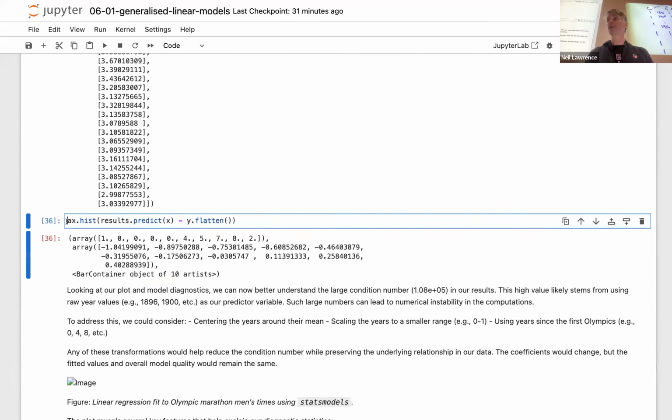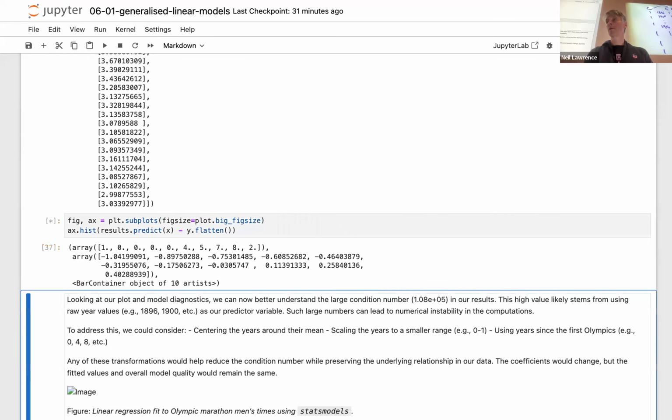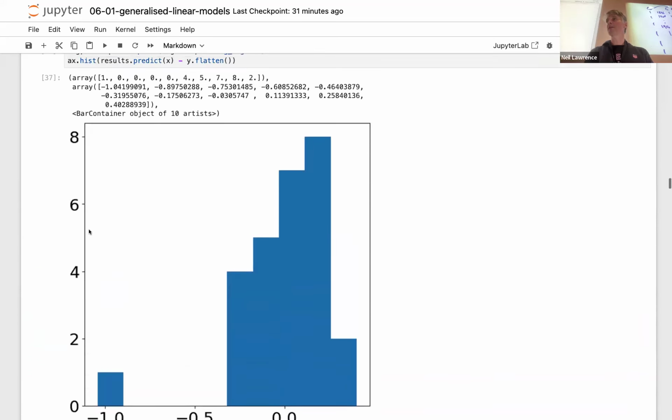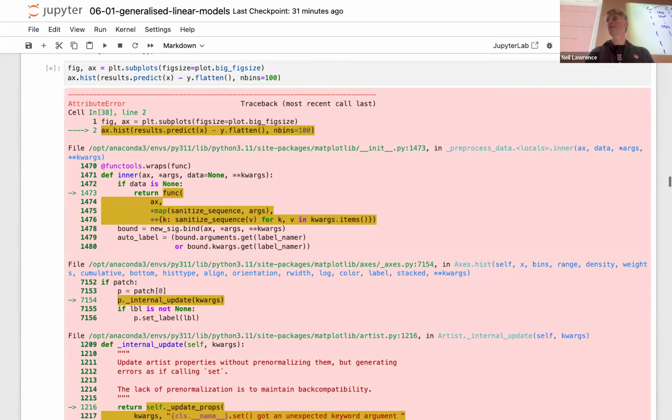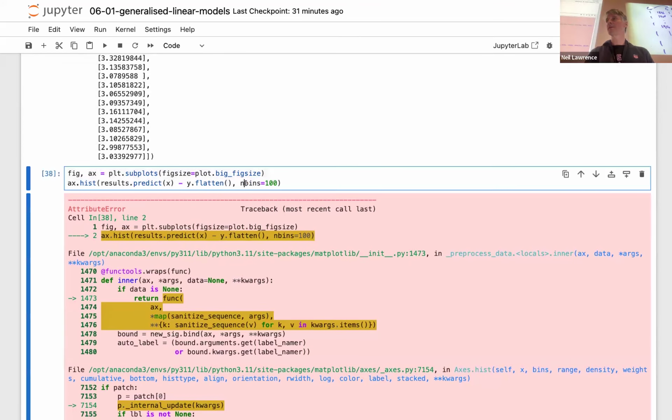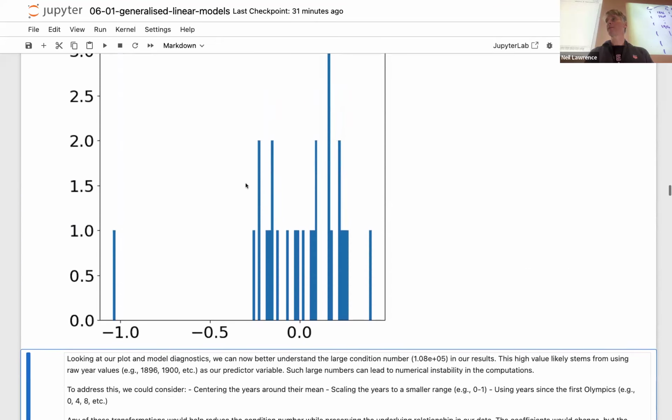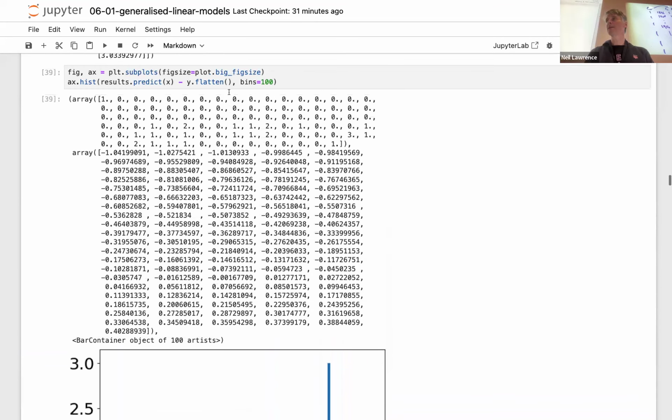Okay, so we need a few more bins, it looks like. Is it n bins? 100 bins. There we go. Oh, that's too many bins.